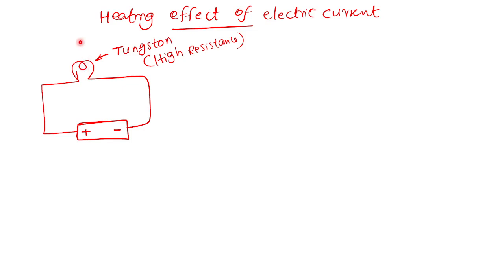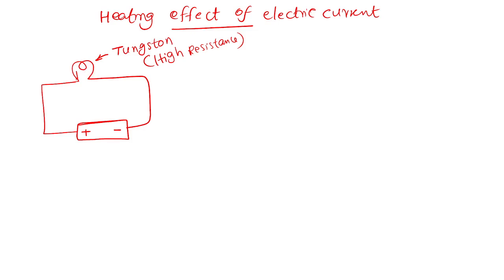So as the electrons move through the tungsten filament, they will collide with and hit the atoms of tungsten. As the electrons hit the atoms of the tungsten, heat will be generated.